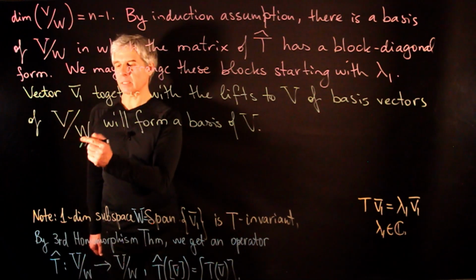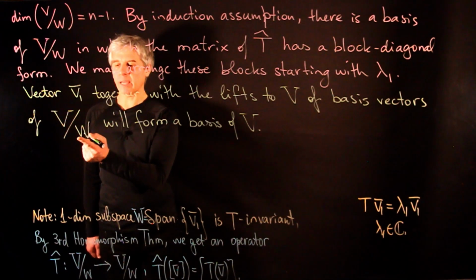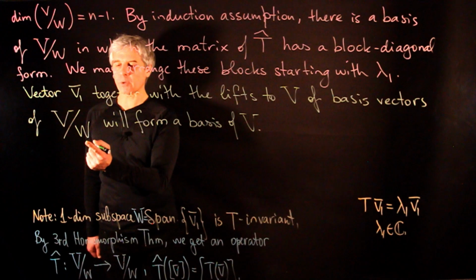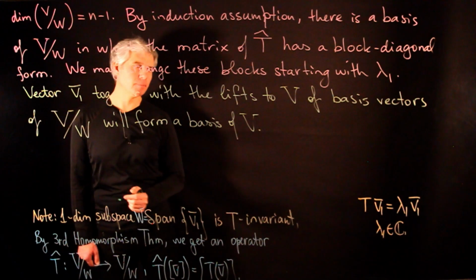That result states that if we lift the basis of the quotient space and add to it the basis vectors from the space W, then we will obtain the basis of V.